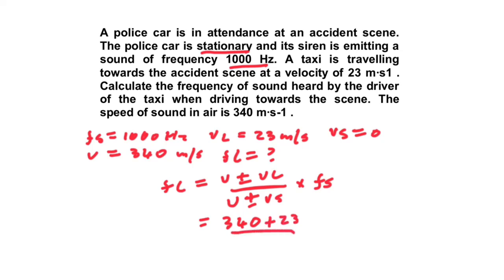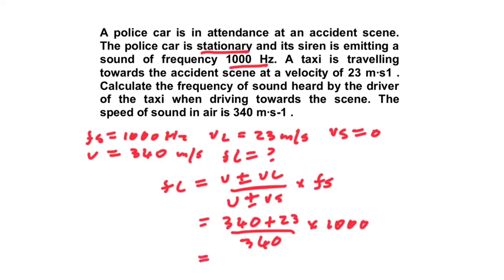Right, we only have 4 cases. So you should know when we have a plus, when we have a minus, and so on. On the denominator, 340. Our sound source is stationary. So it will just be 340. Plus or minus 0 doesn't matter. Multiplied by Fs, the frequency emitted by the sound source, that is 1000 hertz.